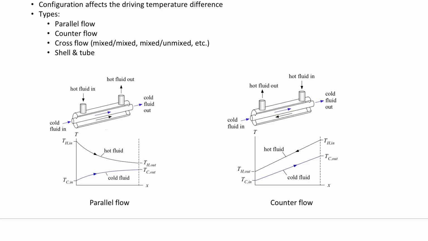So your heat transfer is decaying as you move along. And as you get to the outlet here, the rate of heat transfer is going to be pretty low compared to what it was at the inlet. So that's what we call a parallel flow heat exchanger, obviously because the flows are parallel with each other.